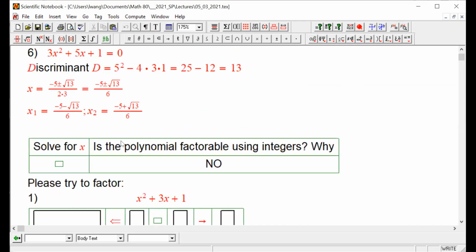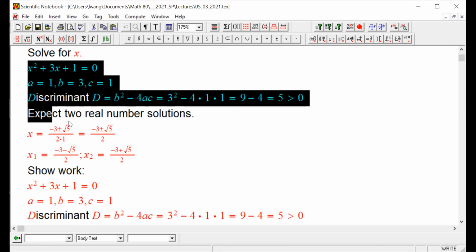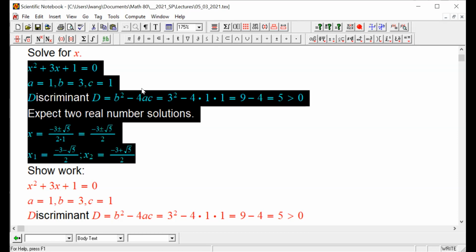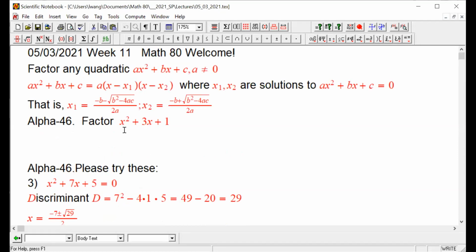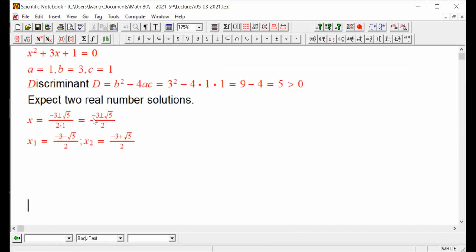Okay, so I'm going to bring back up what we have done. We solved these equations and we got these numbers. I'm going to bring this back up here just to show you, because we're going to check the answer.